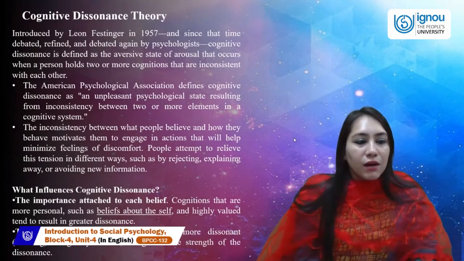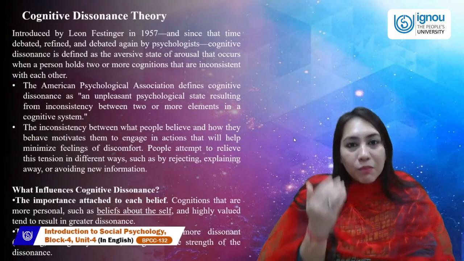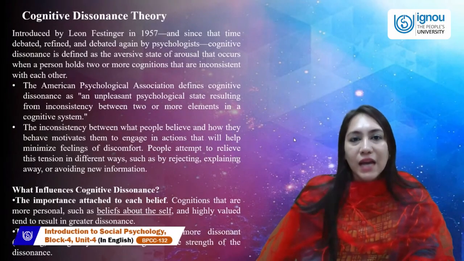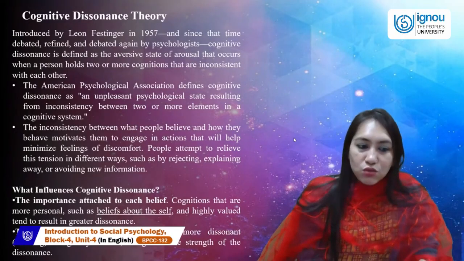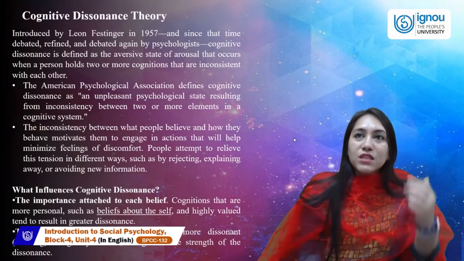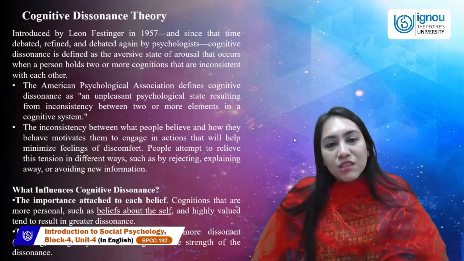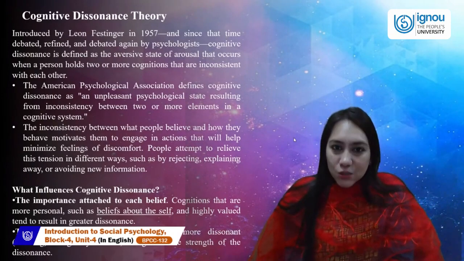Now, what influences cognitive dissonance? What can impact the dissonance? First is your belief. Your belief about the attitude can influence your cognitive dissonance. Cognitions are more personal, we all know, because they stem from your belief system, your thinking, reasoning, problem solving, your process of knowing, and probably some people's experiences.